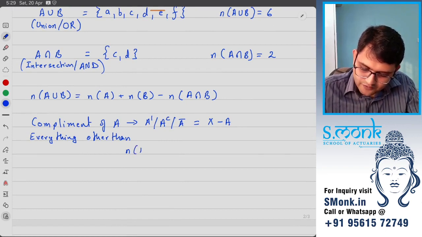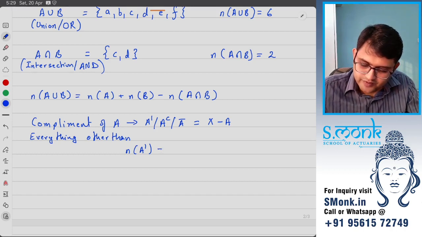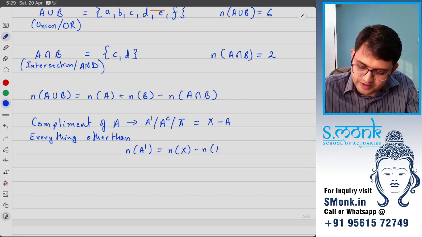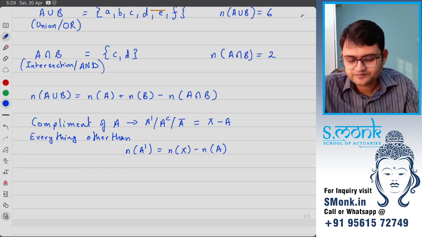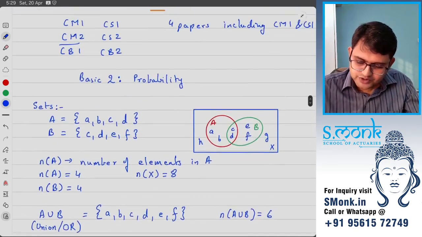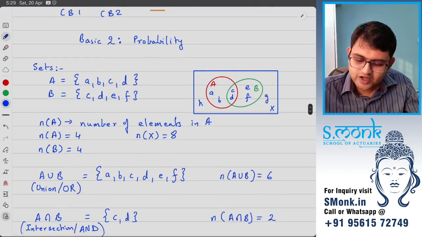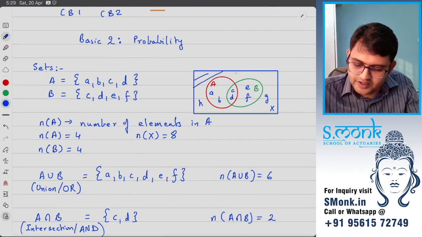So the number of elements in A complement would be nothing but the number of elements in the universal set minus the number of elements in A. Now when it comes to representing, if I say A complement, everything other than A would represent A complement.